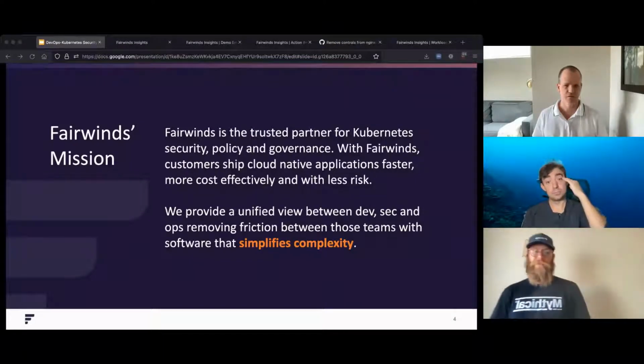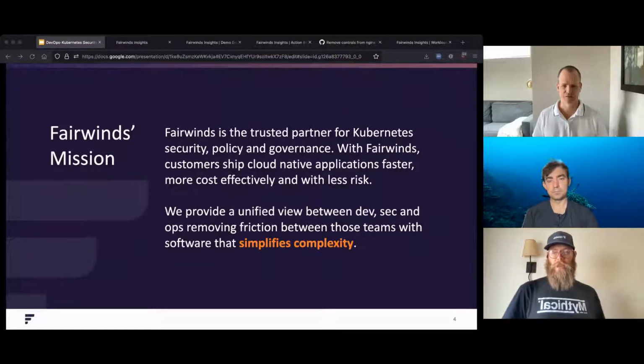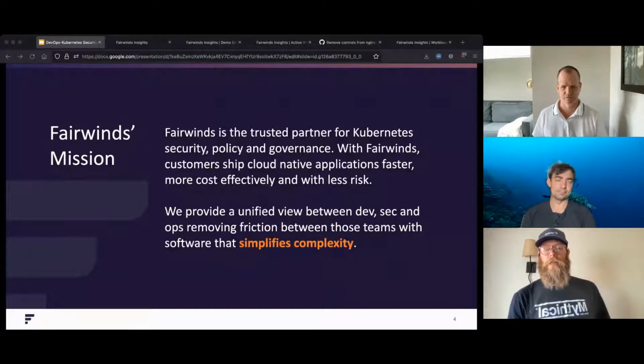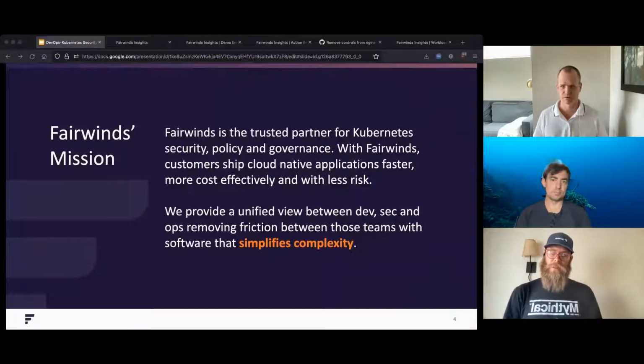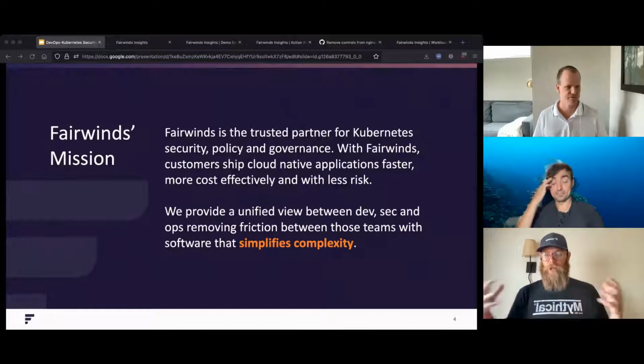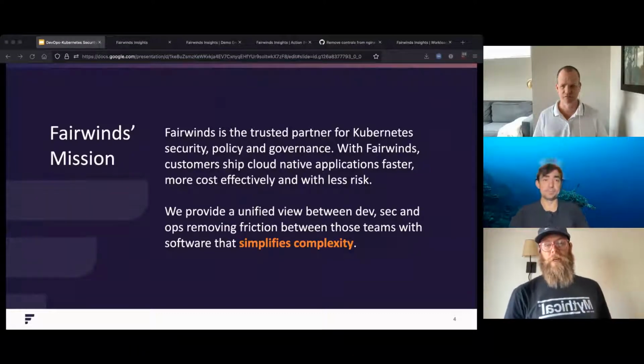So everyone's kind of afraid they're going to be using Kubernetes wrong as they adjust to this new paradigm, or they're already using it and confident they are using it wrong. So we build software to give people confidence that they can do it right, do it the right way. So that's who we are at Fairwinds. The reason we're talking about guardrails, blind spots, and security is because that's the world we live in. Fairwinds builds software to help people avoid those issues.